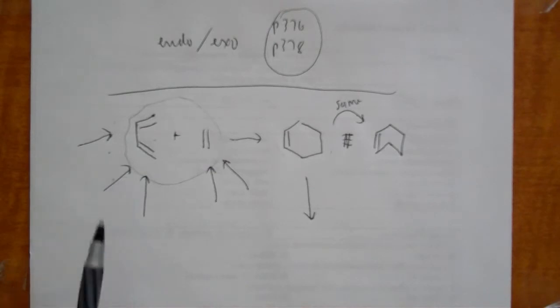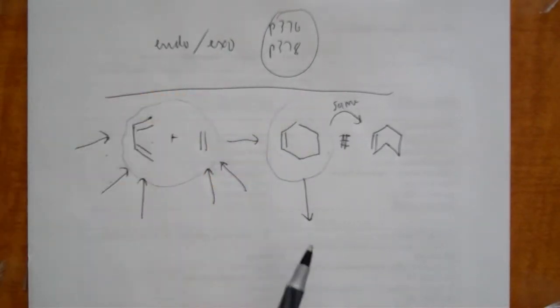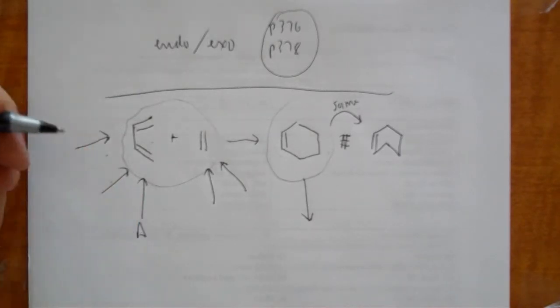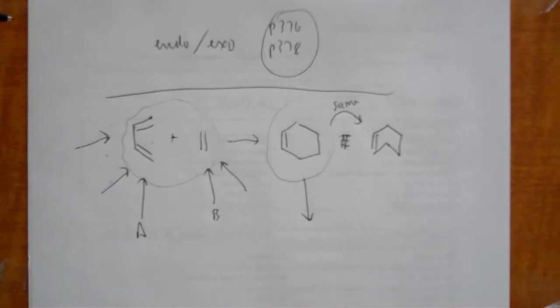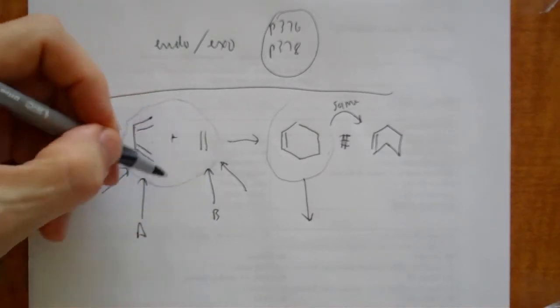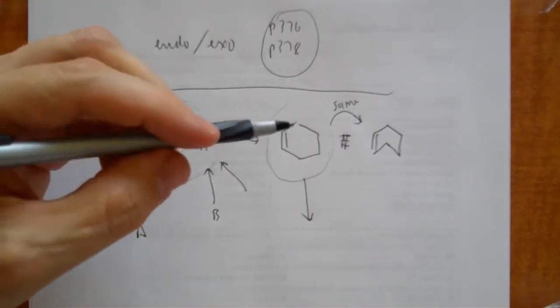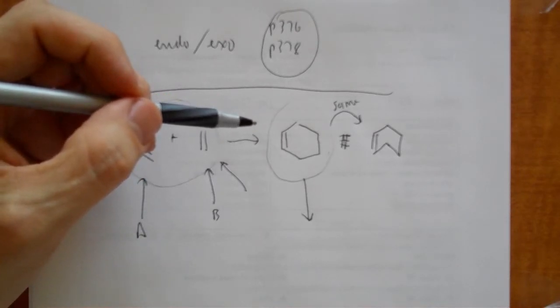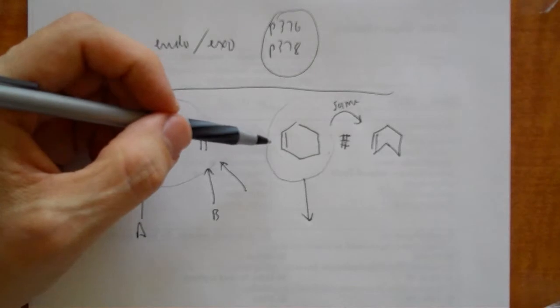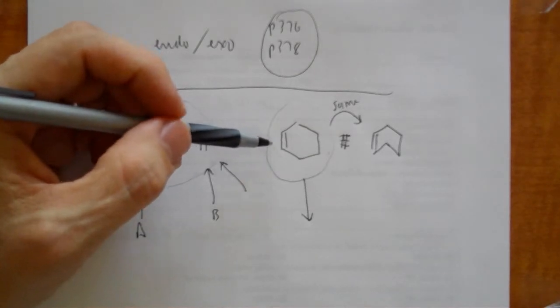How do I get there? And here's my framework for my products. How do I get out of there? Okay? So for example, A. Suppose I take A and B, and I can make B into that, and I can make A into that. And then I can take this.